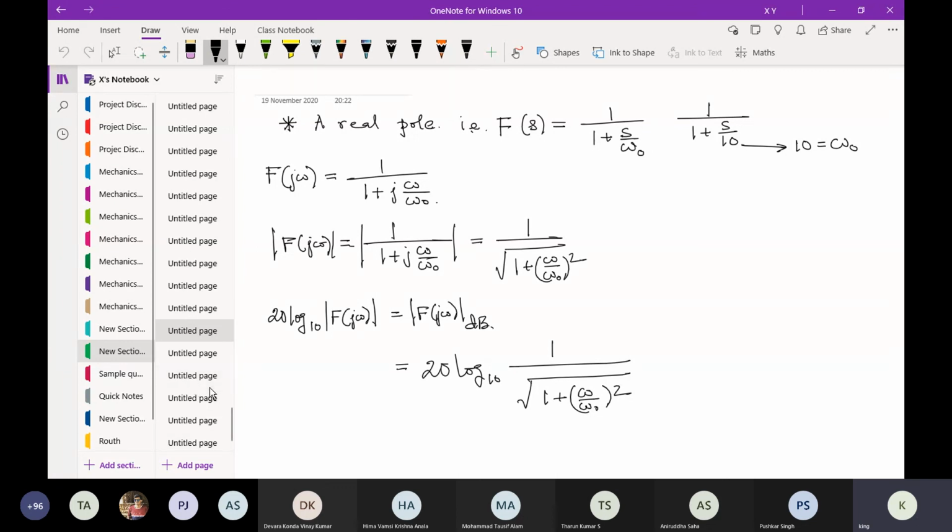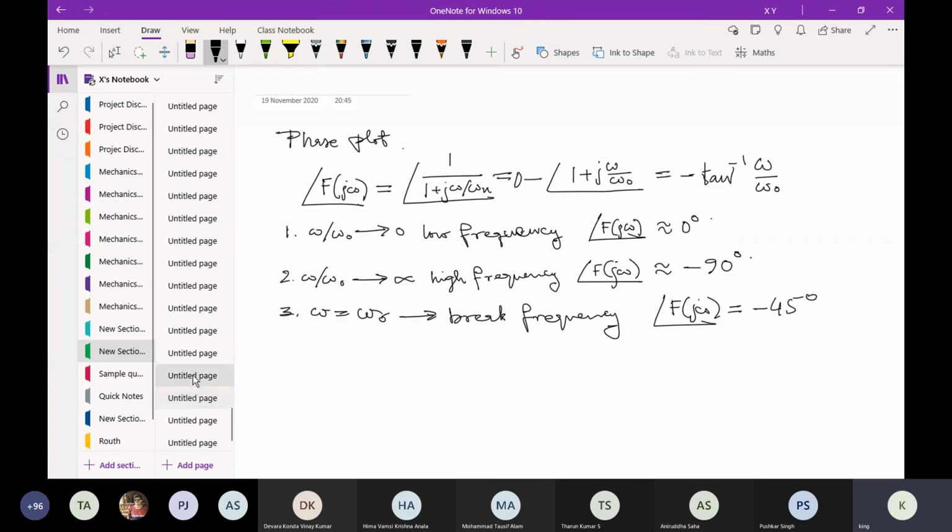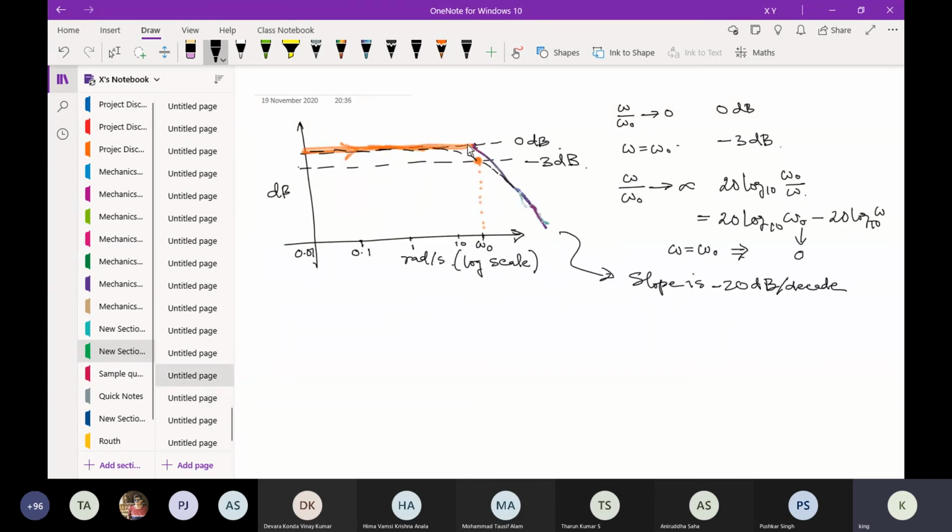So rest of the stuff will remain the same, but in place of a minus 20 dB per decade slope, you will have a 40 dB per decade slope. It will be a steeper slope.